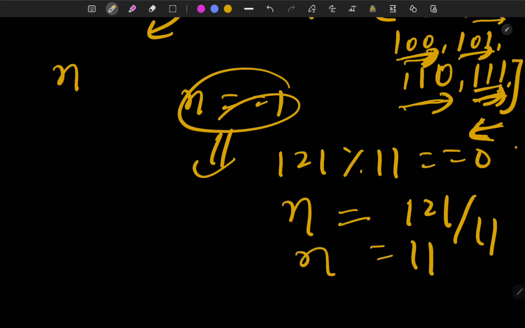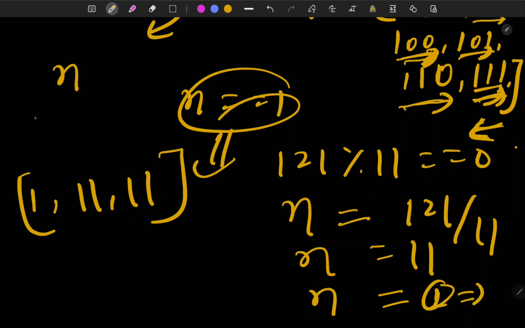Is n divisible by 11 or not? Yeah, it is divisible. Then what will our next n be? n will be 1. If it is 1, then yeah, it is possible to have the factors of these numbers which consist of binary digits. Like this will be a factor of 1 to 1, and basically all of these consist of binary digits, that is either 1 or 0.